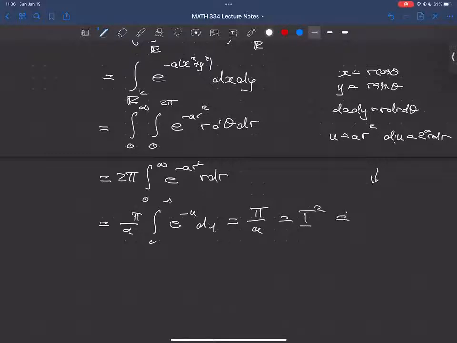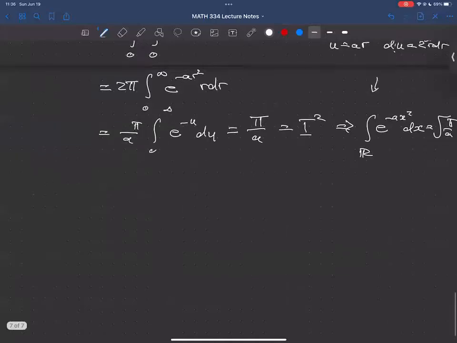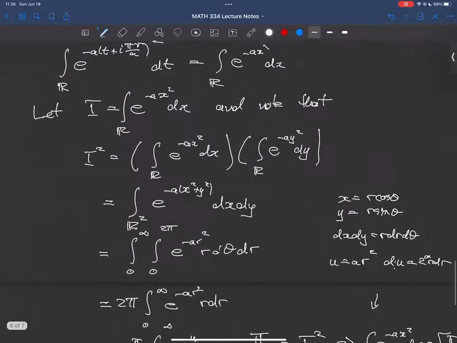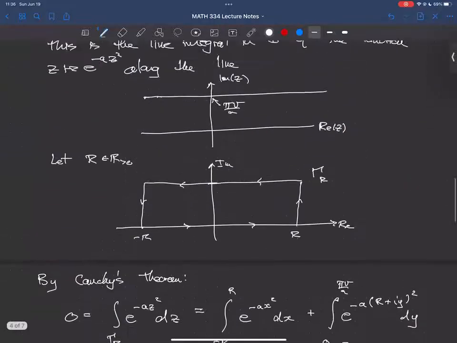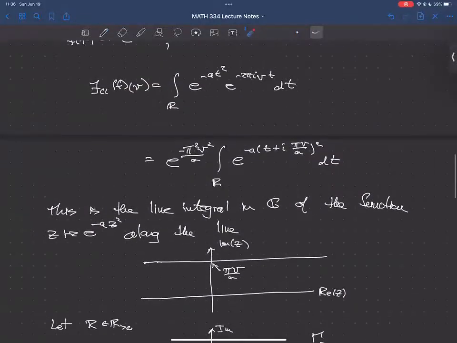And so therefore the integral over R of e to the minus a x squared dx is the square root of that, square root of pi over a. Okay, so there's that integral. And so we go back up to our very first computation here.